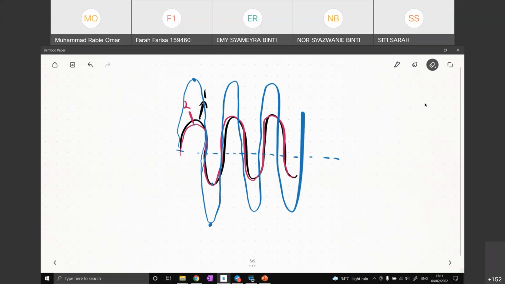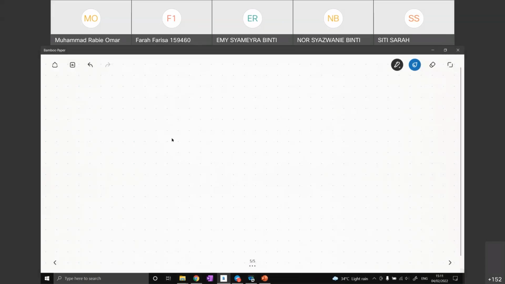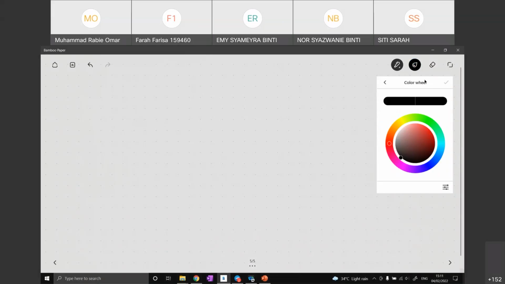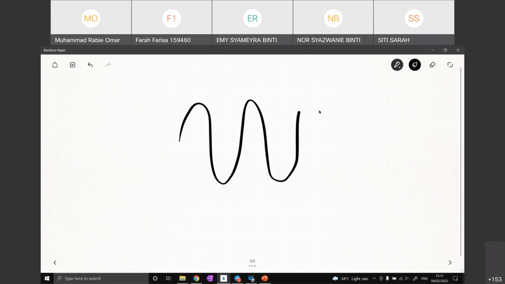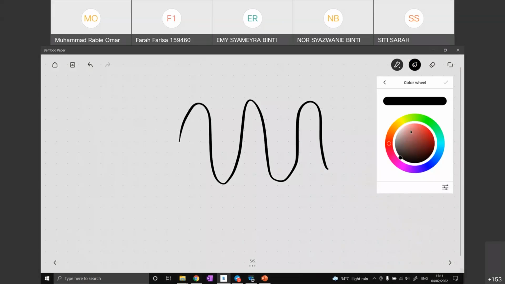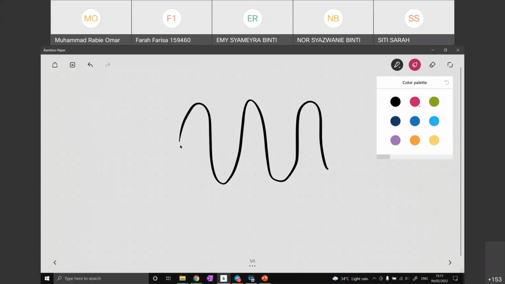And then another one, if I have waves which are not in phase, for example, I have my wave here that looks like this, and I have another wave which is inverted.